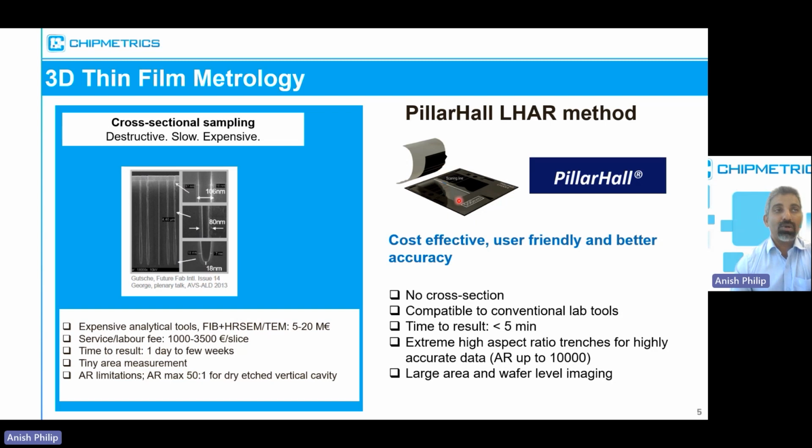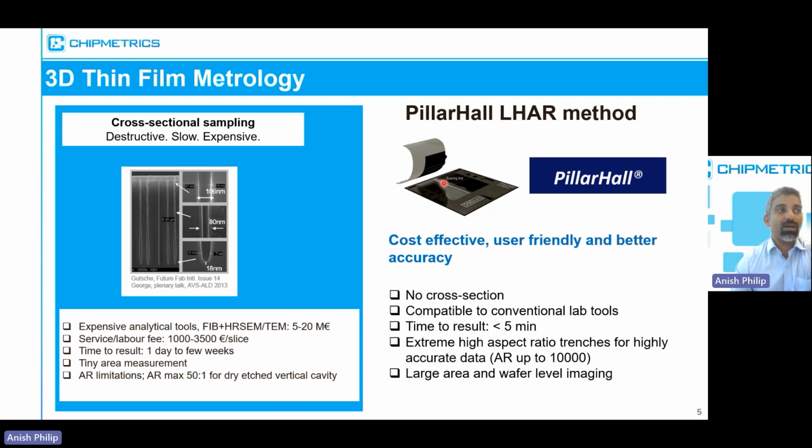You don't need any experts to monitor your process when you use these PillarHall chips. You don't need any analytical devices like FIB, SEM, or TEM, but even conventional lab tools, for example, an optical microscope is more than enough for analyzing your PillarHall chips after the ALD or CVD deposition. And as I said, there is no cross-section required.